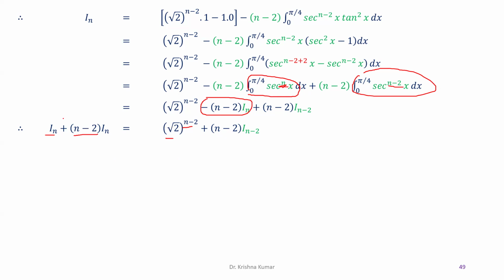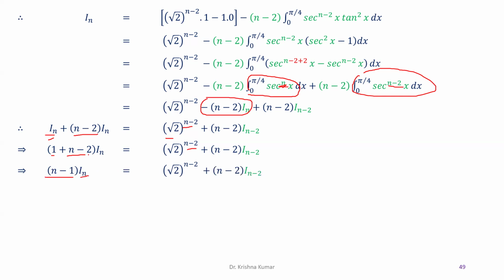Now if we take I_n common, 1 is remaining over here plus n minus 2, I_n, which is equal to root 2 to the power n minus 2 plus n minus 2 into I_(n minus 2). And now it can be written as n minus 1 into I_n, which is equal to root 2 to the power n minus 2 plus n minus 2 times I_(n minus 2).